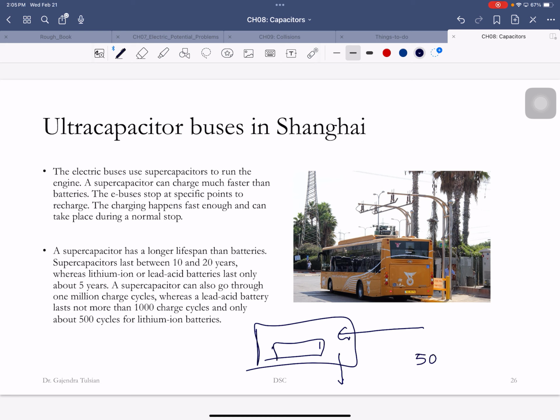So you get 500 recharges, and on each charge you get 300 miles. So that's 150,000 miles, and then you have to replace your battery. Well, that ain't so wild.